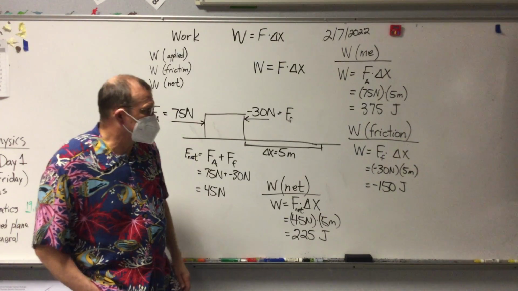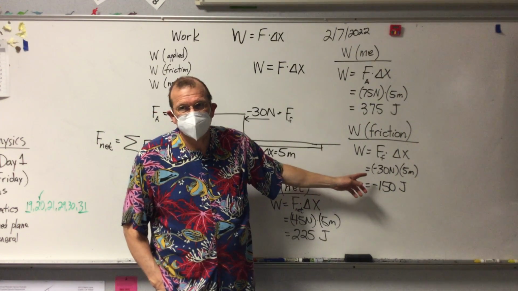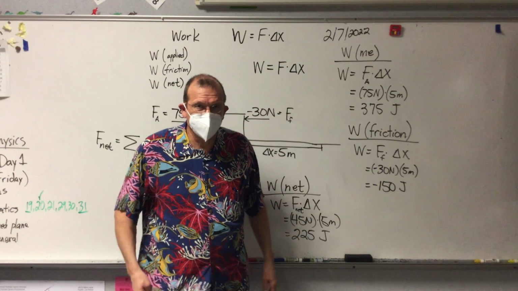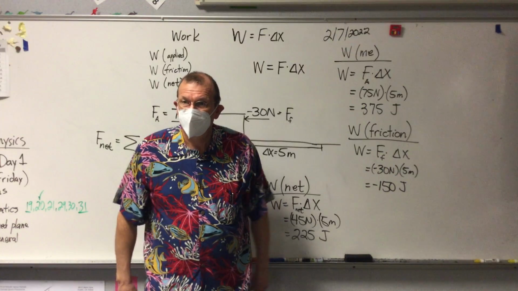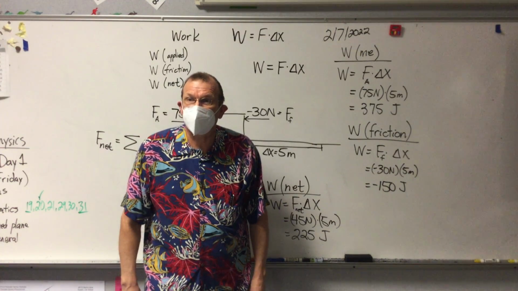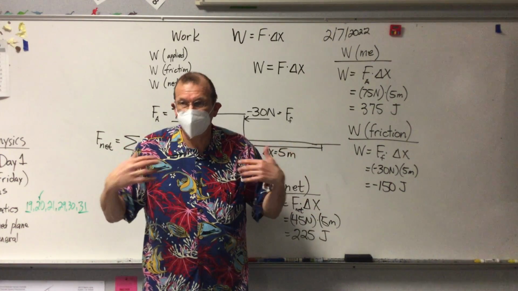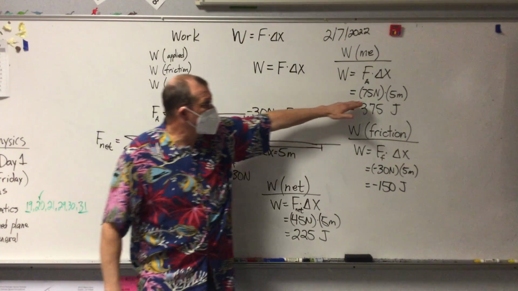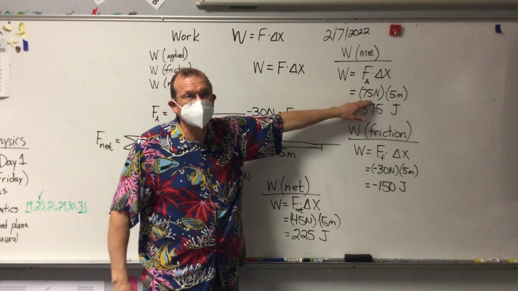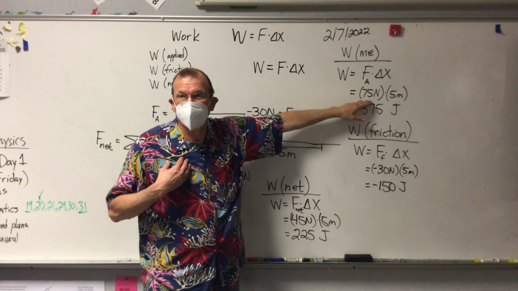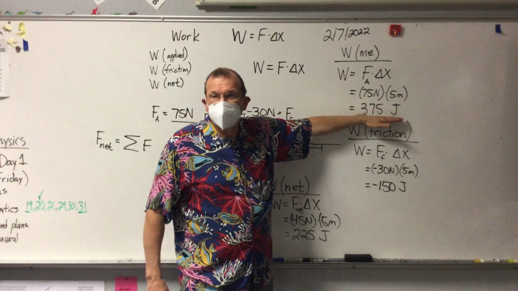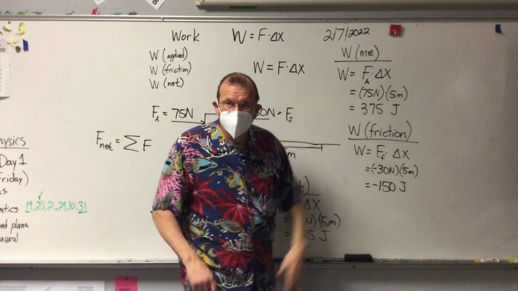And if someone says, yeah, but there were 30 newtons of friction, we're only going to give you credit for 45, you would say, I pushed with 75. I want all the credit for the work that I did. So in that scenario, you would use all 75 newtons to give you credit for your work. So you would say, I did 375 joules of work.